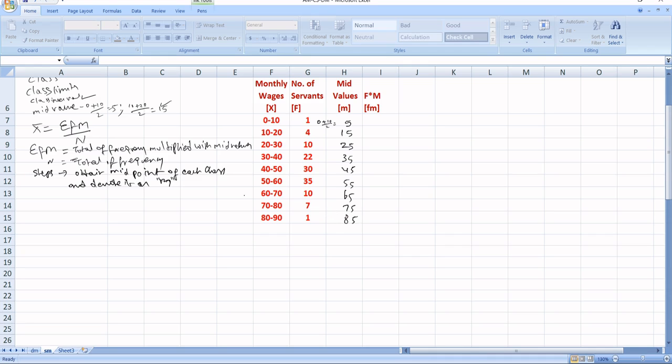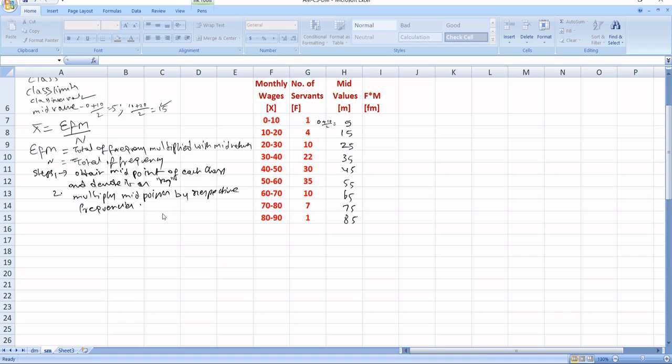Okay my dear students, and next is step 2. Step 2 is, this is 1, this is 2. You have to multiply midpoints by respective frequencies.